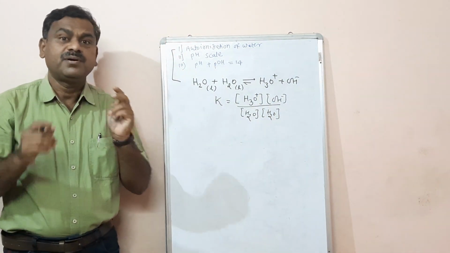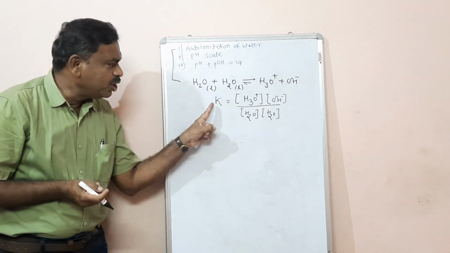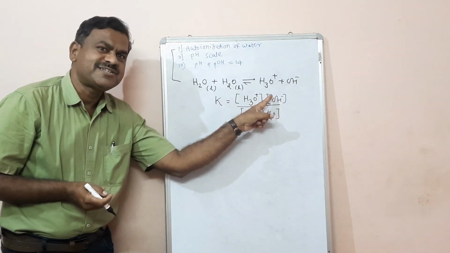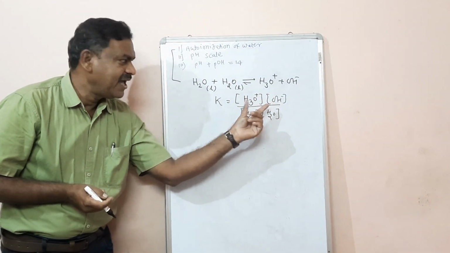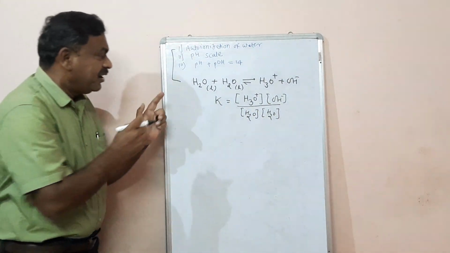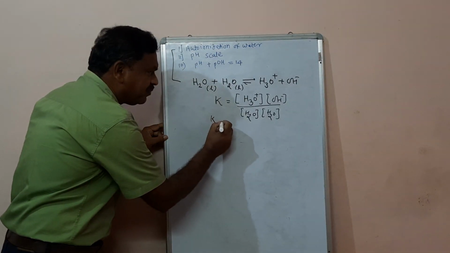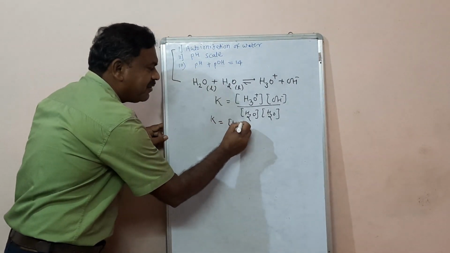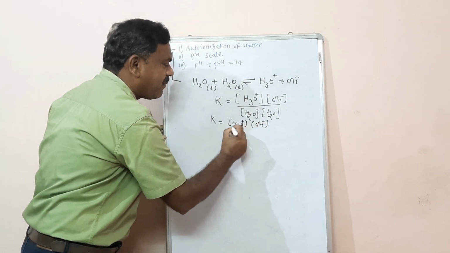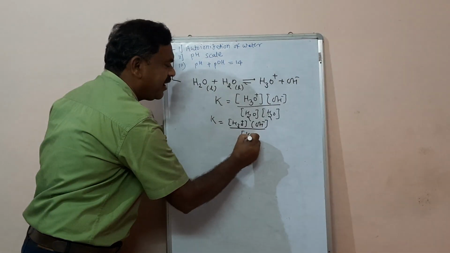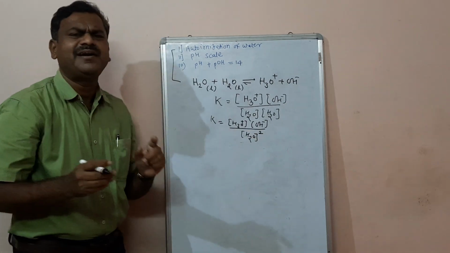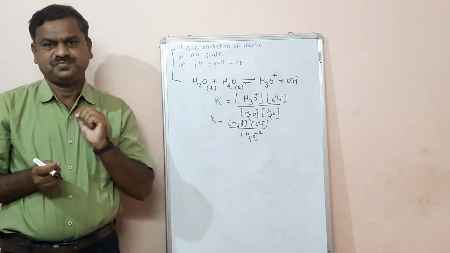At equilibrium condition, K is equal to the product of the ionized molecules divided by unionized water. Now here K equals the molar concentration of the hydronium into molar concentration of hydroxyl ions divided by the molar concentration of H2O in square, because that contains two water molecules.